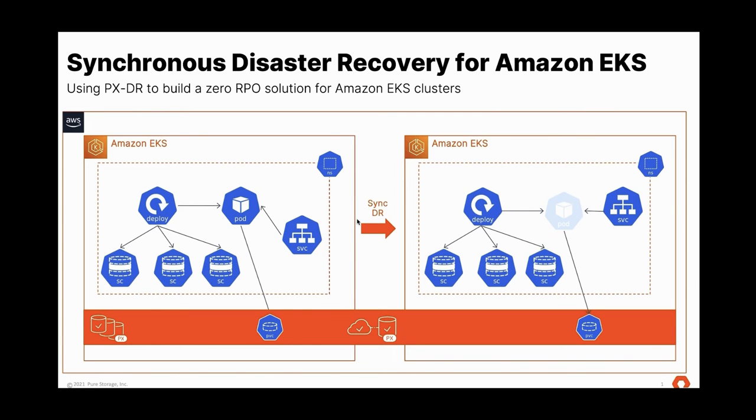So you can see here that we've got a similar configuration in EKS that we're showing you as we had with AsyncDR, but that underlying Portworx Enterprise storage layer that you see there at the bottom is actually stretched between your clusters.